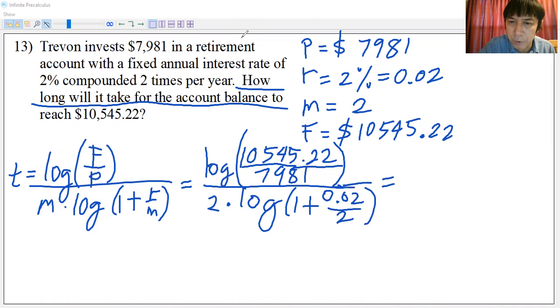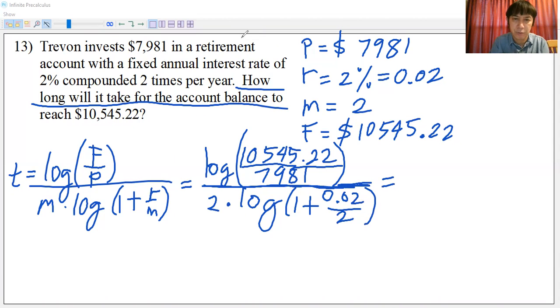Okay, let me just complete my line there. So let's get the logarithm of the ratio of the 10,545.22 over 7981, the logarithm of that ratio. Let's compute first.